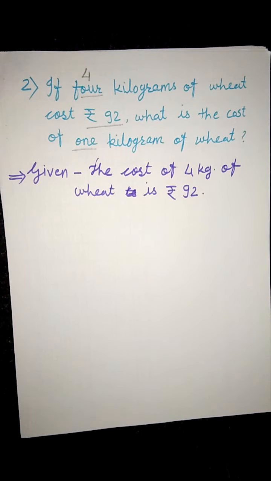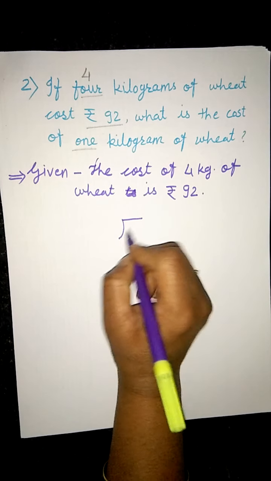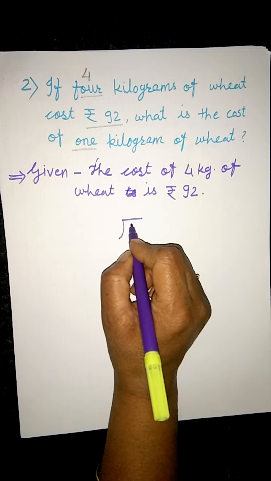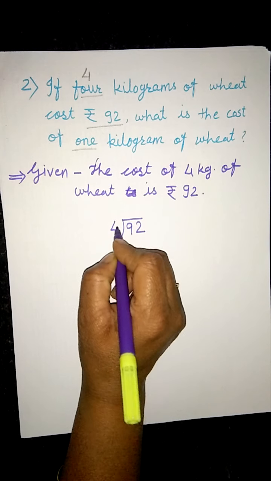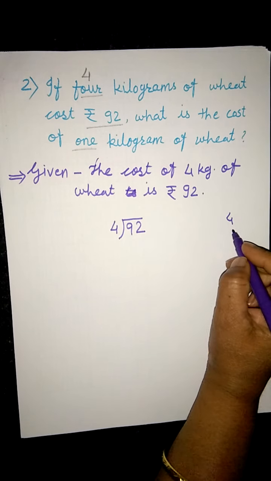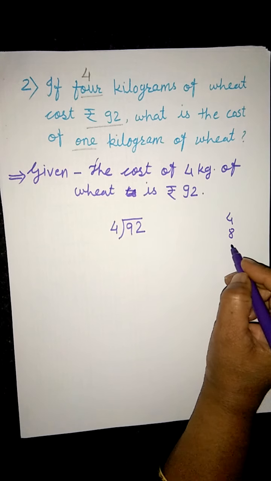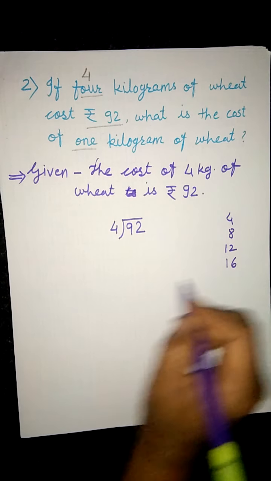This is given. Now solve the division. Once again write here 92 divided by 4. Now write 4's table. 4 ones are 4, 4 twos are 8, 4 threes are 12, 4 fours are 16.